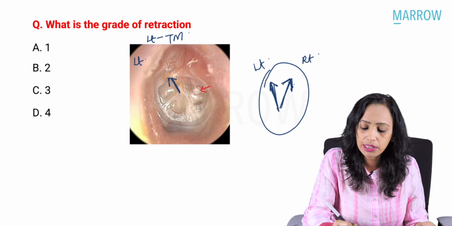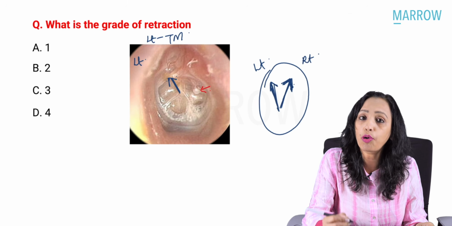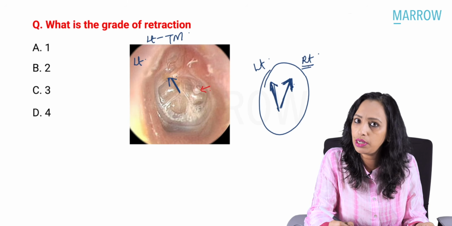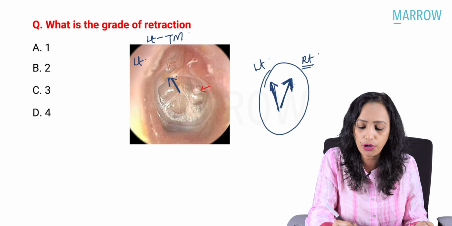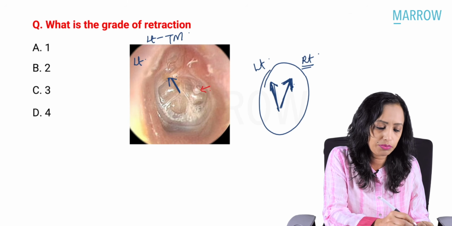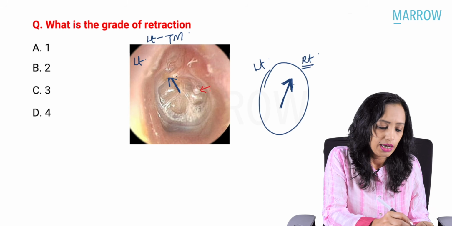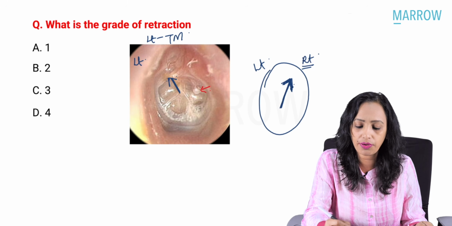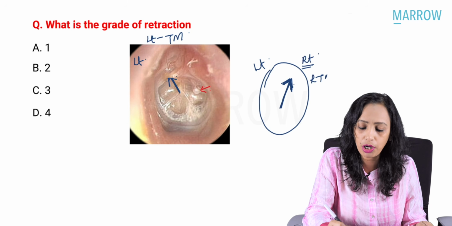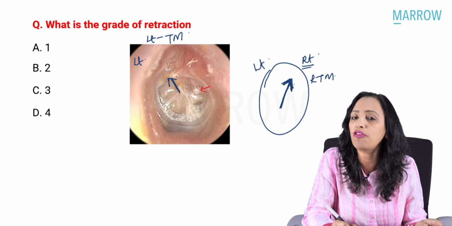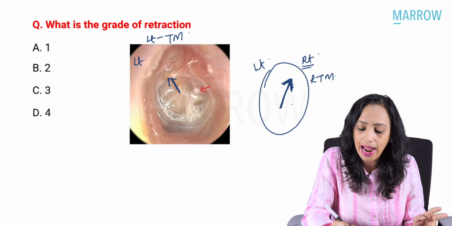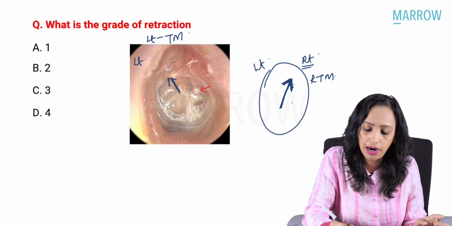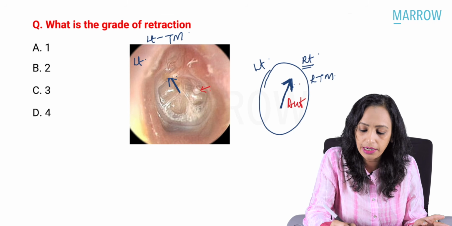What I told you is that the handle of malleus, wherever it is pointing to, it is that particular side of the tympanic membrane. For example, if I am taking this tympanic membrane, I know it is pointing towards the right, so this is the right tympanic membrane. Also, whichever side the handle of malleus is pointing, that is the anterior part. Is that clear? So this is the anterior part.